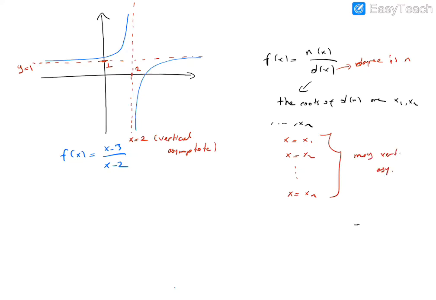So, vertical asymptote, let's write. A rational function has at most one horizontal asymptote. In general, the graph of a function can have two horizontal asymptotes, but for a rational function there exists at most one horizontal asymptote.